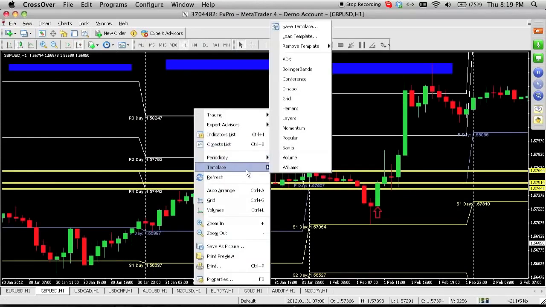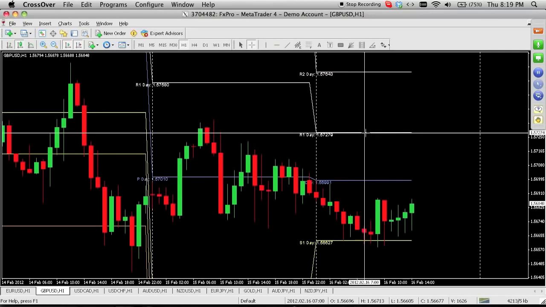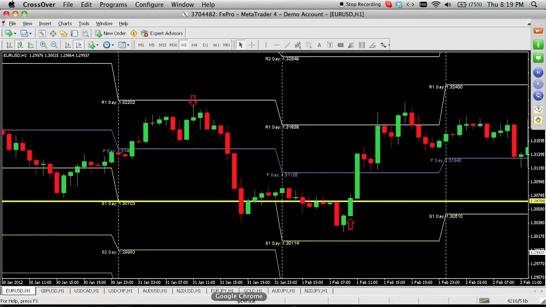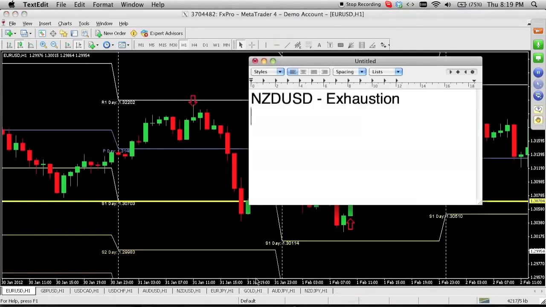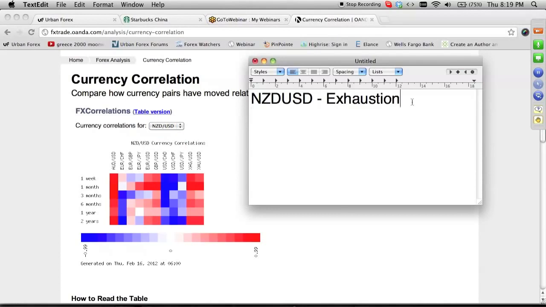Let me clean this mess here. 8 o'clock. Nothing at 8 o'clock here. So just New Zealand US dollar, we see an exhaustion, right? What we do is we first go into currency correlation, put out New Zealand dollar. We write down all the dark reds and all the dark blues.